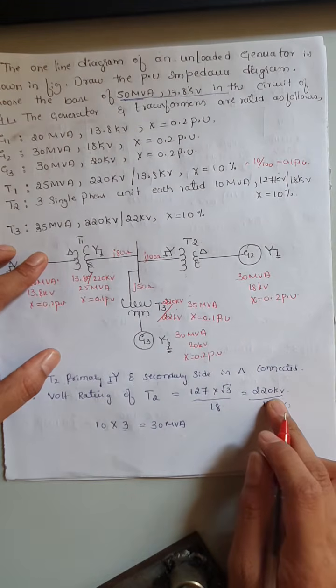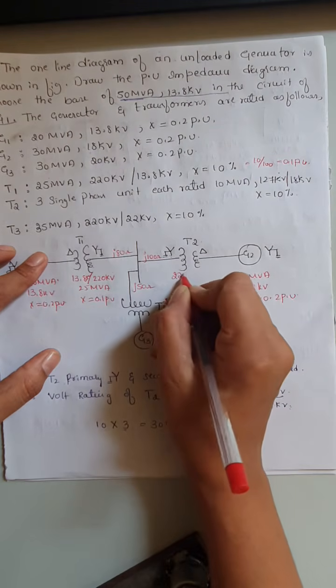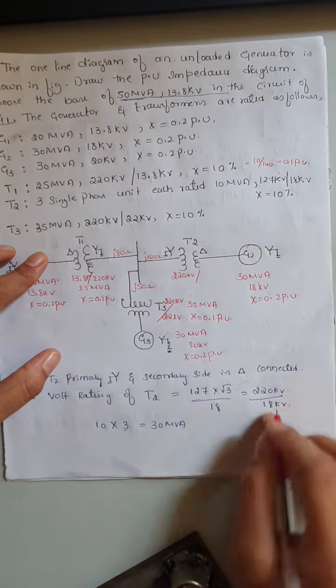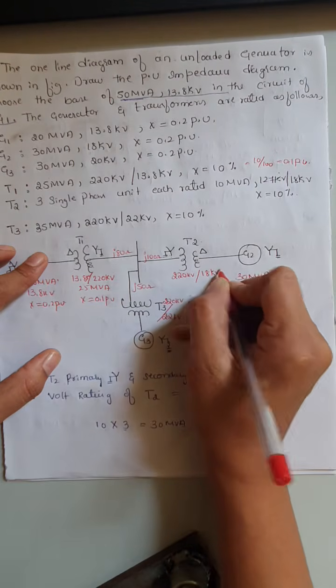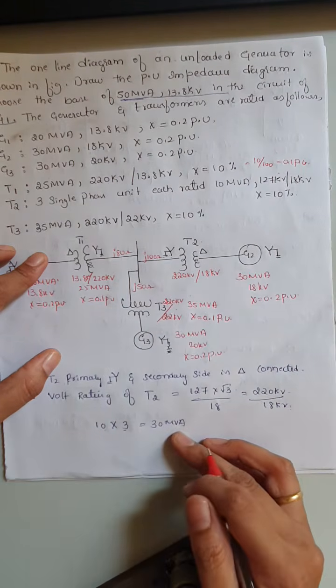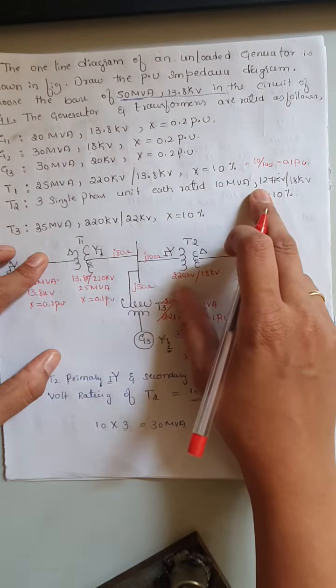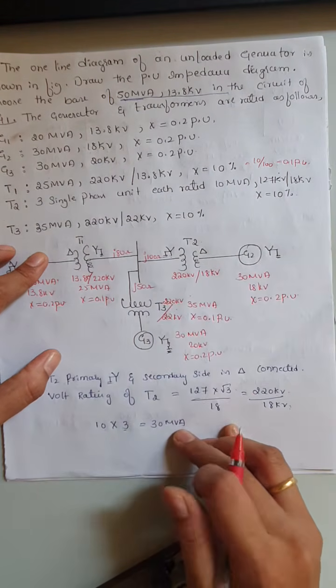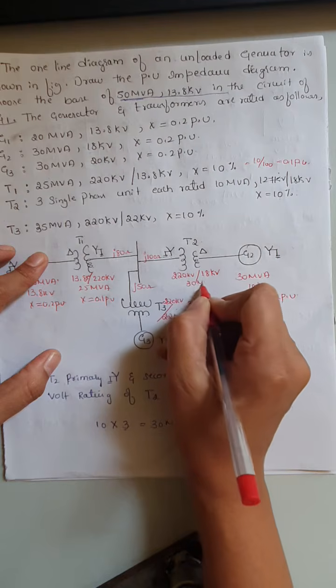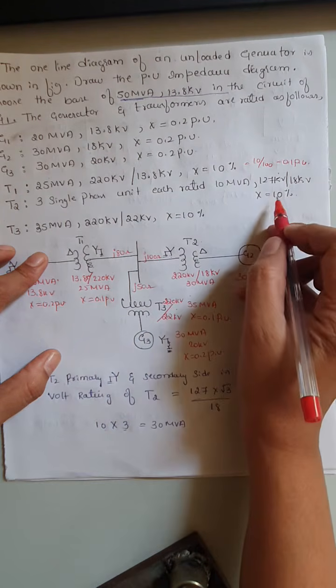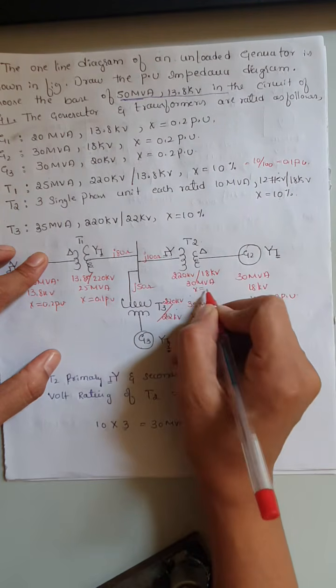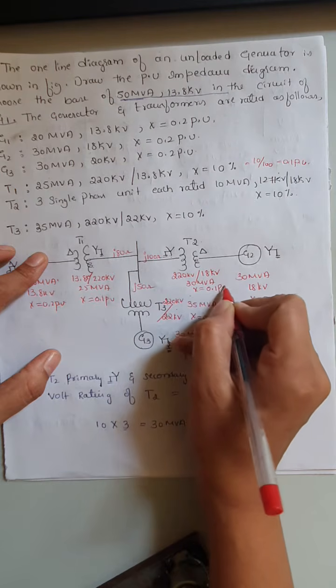So the rating on the primary side is 220 kilovolt slash the secondary side will be the lower voltage 18 kilovolt, and the new MVA rating, it is not 10 MVA, converting that for a 3-phase transformer it is 30 MVA, and the reactance will be as it is, X is equal to 0.1 per unit.